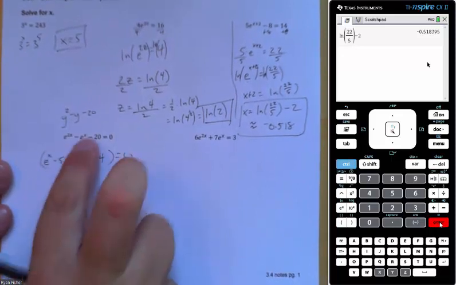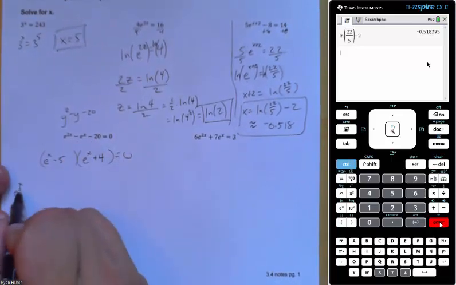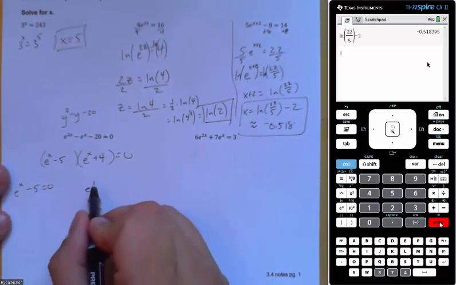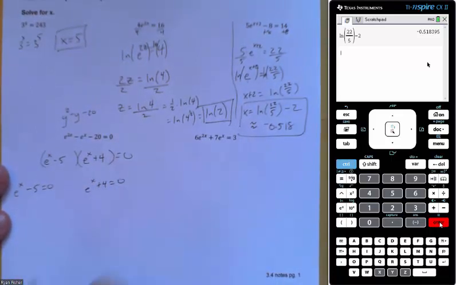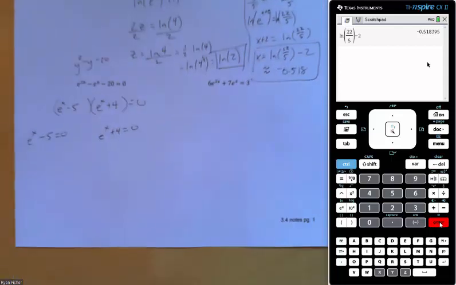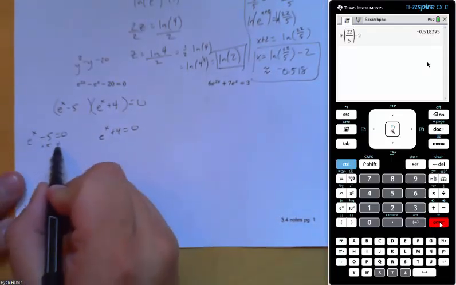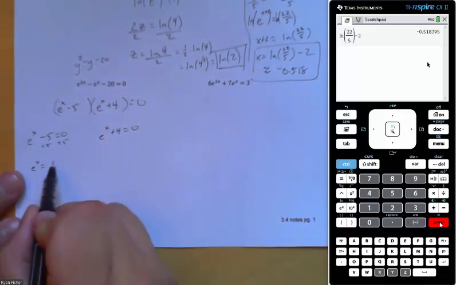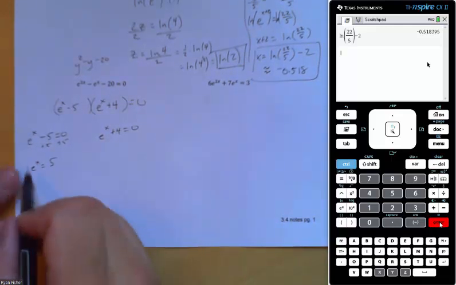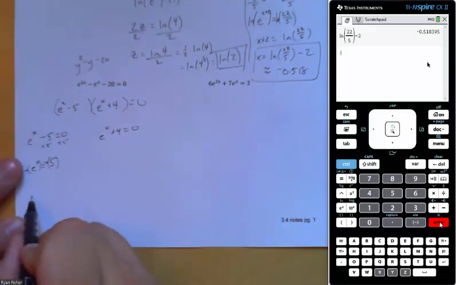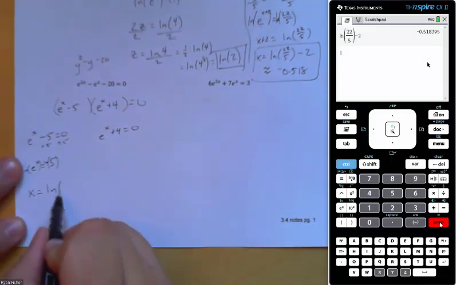Which means the solutions to this equation are the solutions to e to the x minus 5 equals 0 and e to the x plus 4 equals 0. See, I can solve this first one. I add 5. If e to the x equals 5, then if I do natural log of both sides, x is equal to the natural log of 5.